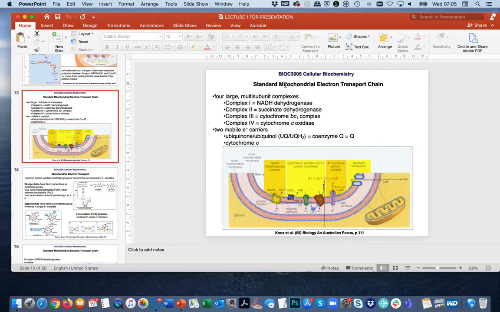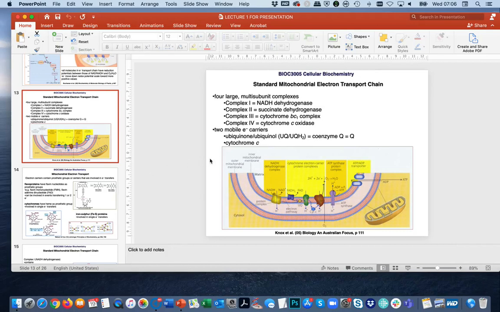If you want to remember what those complexes actually do, then take the time to learn the full names. So complex 1 is the NADH dehydrogenase, complex 2 succinate dehydrogenase, complex 3 cytochrome BC oxidase complex, or cytochrome BC complex, and then complex 4 the cytochrome C oxidase.